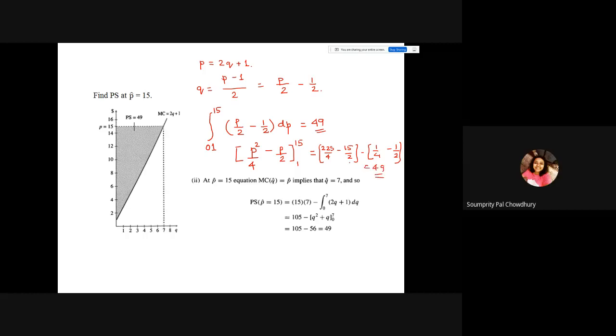So if the function is simple enough, then instead of finding it with the formula, TR minus this, we can simply invert the function and take the integral.